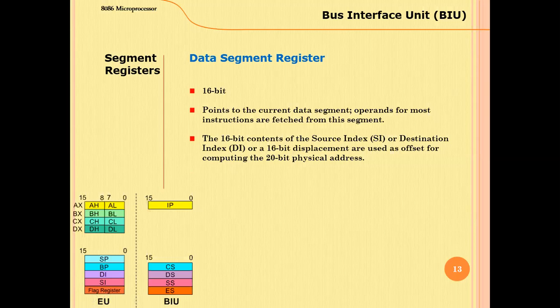From any one of these, the offset will be available. This offset address along with the base address provided by the data segment register is used by the BIU to get the physical address for accessing the data in the memory.